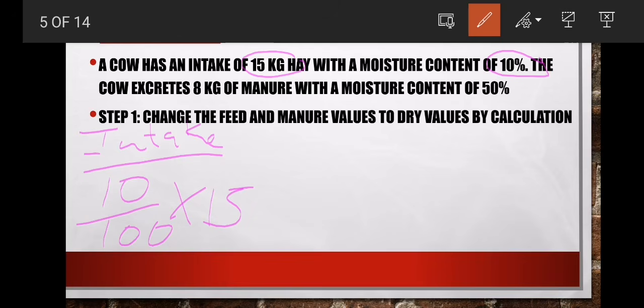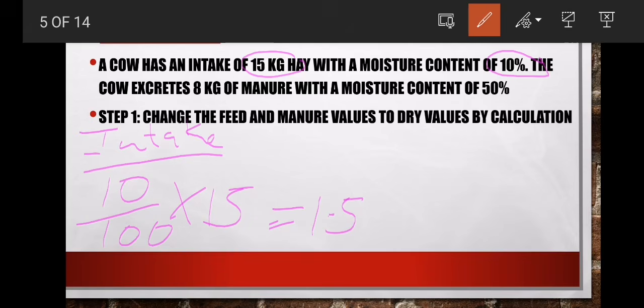When you punch your calculator, it will give you 1.5 kg. This 1.5 kg is the moisture.